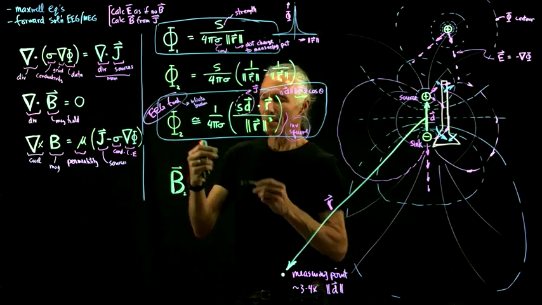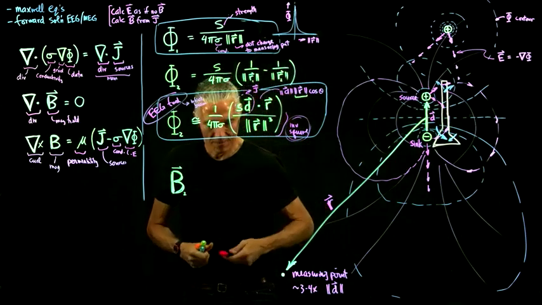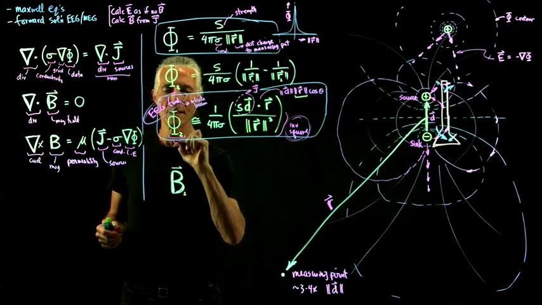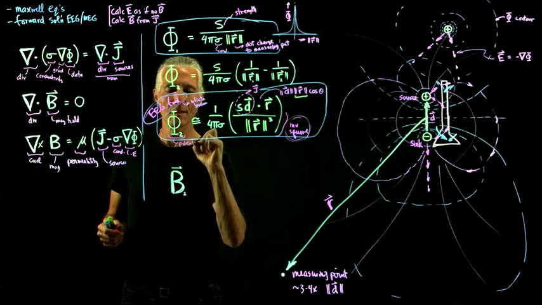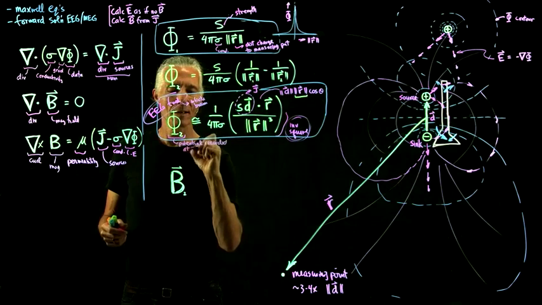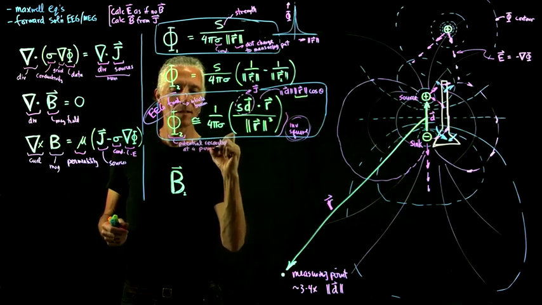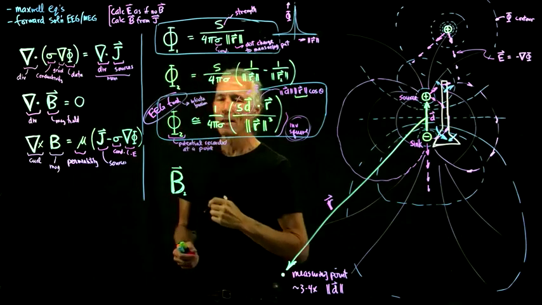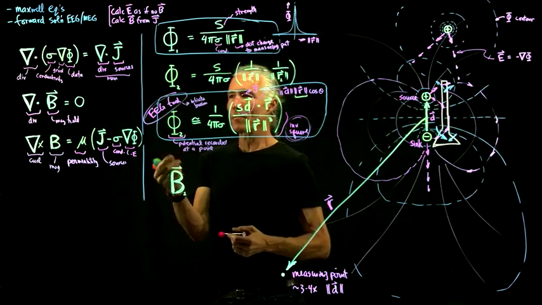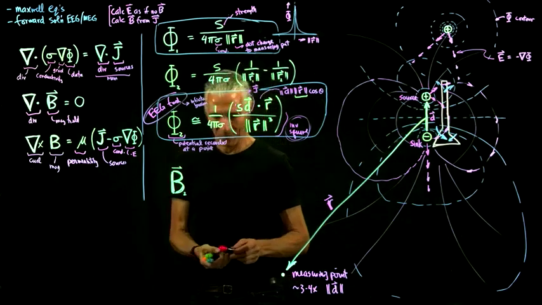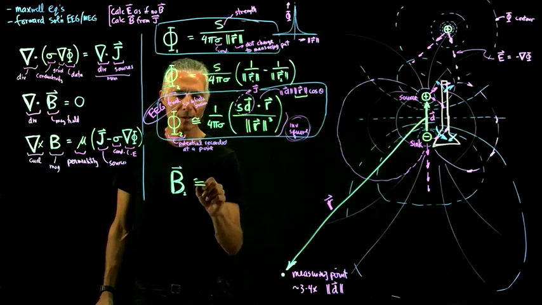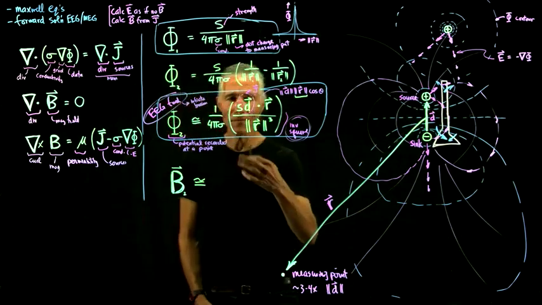This one is the potential recorded at a point, but that's just a scalar. The B field is actually a 3-dimensional vector pointing in a particular direction, with a length and a magnitude.